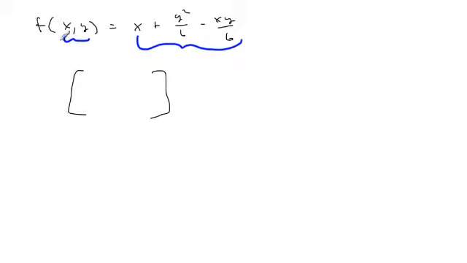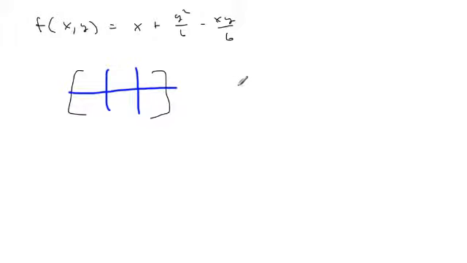We have to take a partial derivative with respect to x, and we have to take a partial derivative with respect to y, but we only have one function to do that with. So since the functions vary down the rows, and the variables vary across the columns, we're going to have two columns and one row. So it's going to be a 1 by 2 matrix.